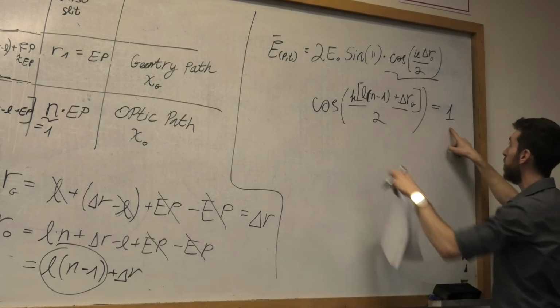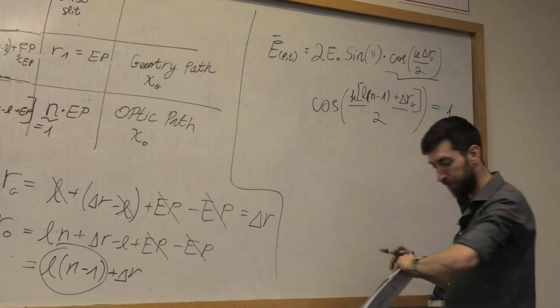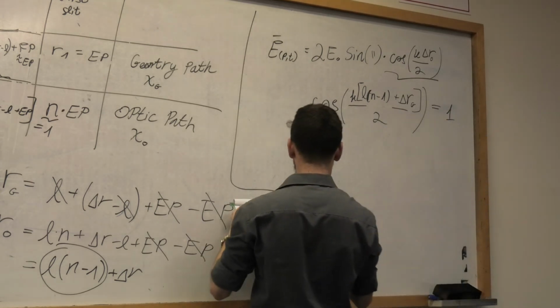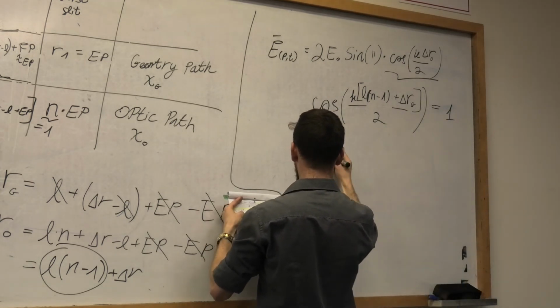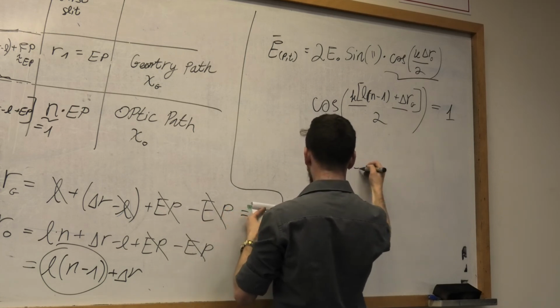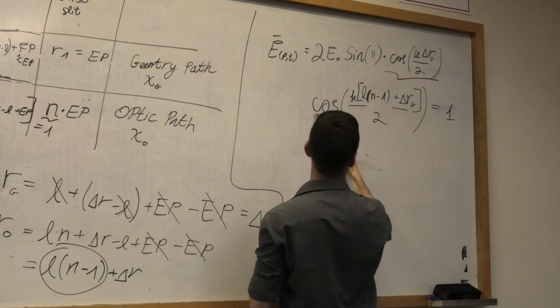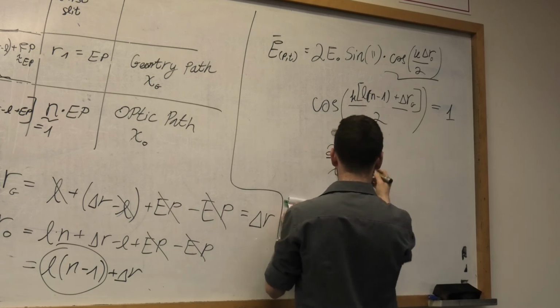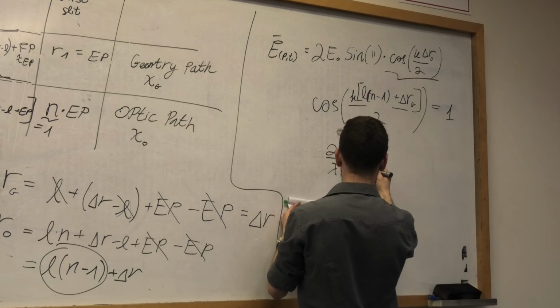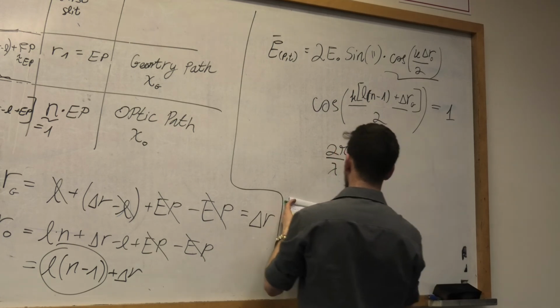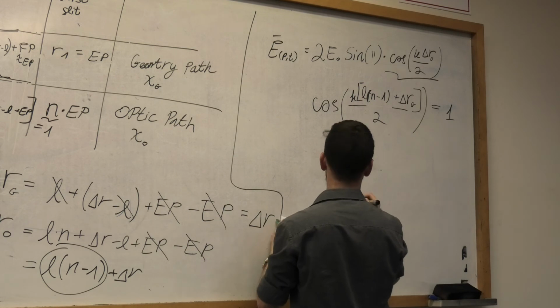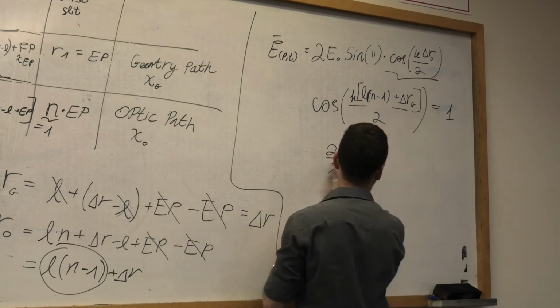And now this needs to be equal to K L(n minus 1). K is 2 pi divided by lambda. If we compare everything, we're going to have that sine theta m. Wait a second.